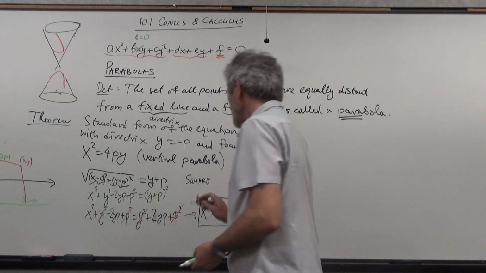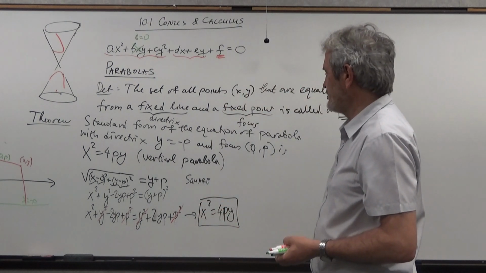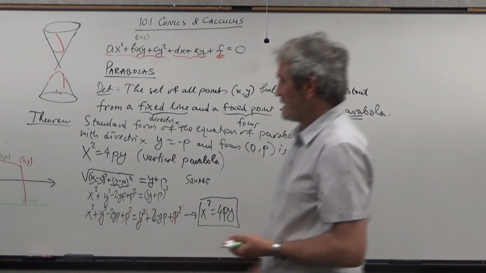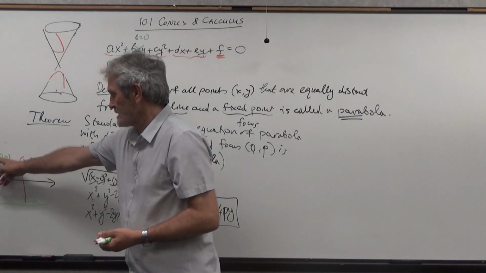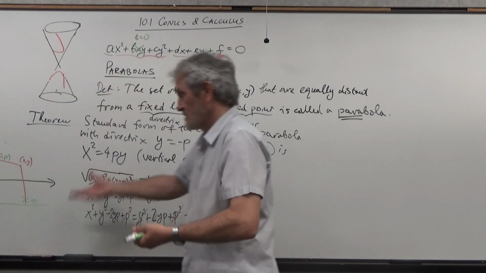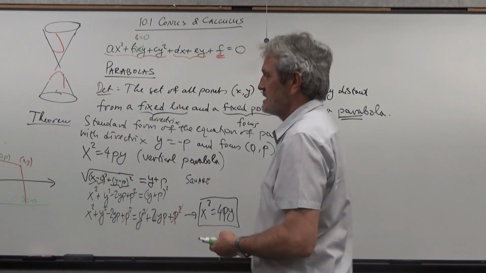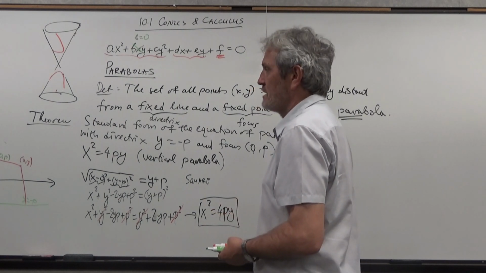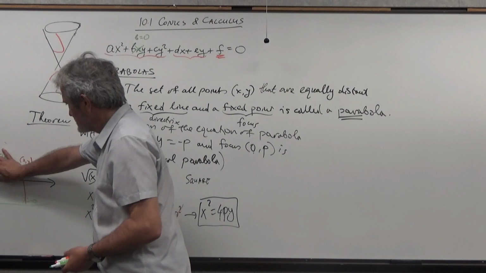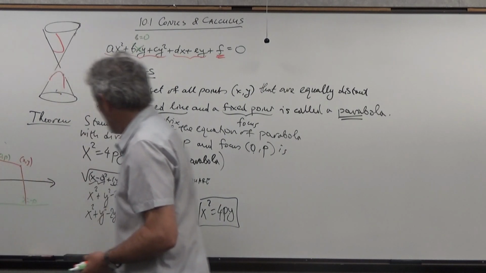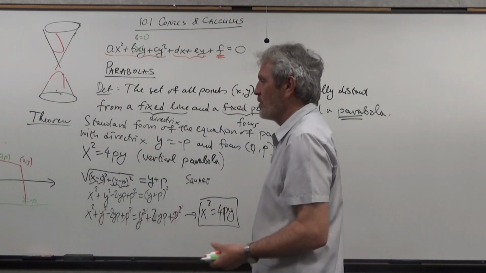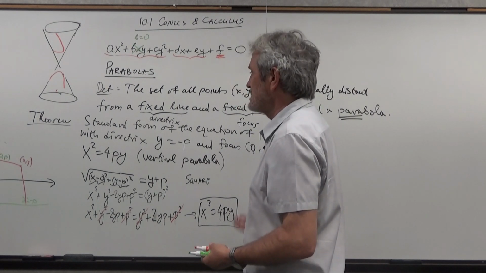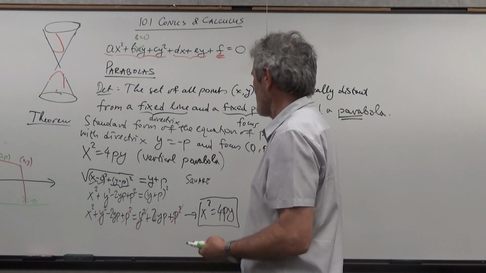So basically, if you have a vertical parabola, then the focus is on the y-axis, the directrix is on the other side, below the x-axis, and the equation is x squared equals 4py. So p is that distance, 1p up, 1p down, and that p is multiplied by 4, and that's it. And so this is the equation of the vertical parabola.